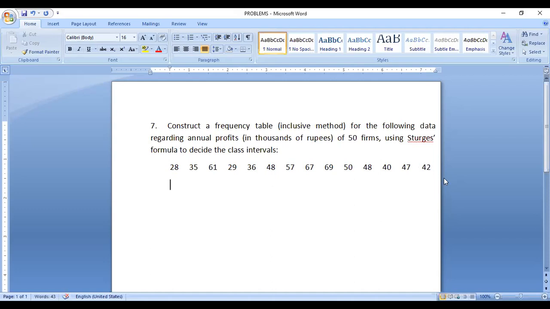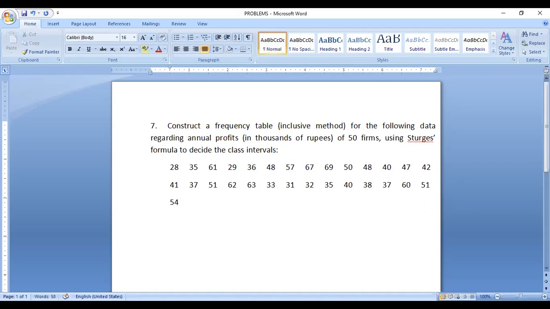Then 41, 37, 51, 62, 63, 33, 31, 32, 35, 40, 38, 37, 60, 51.